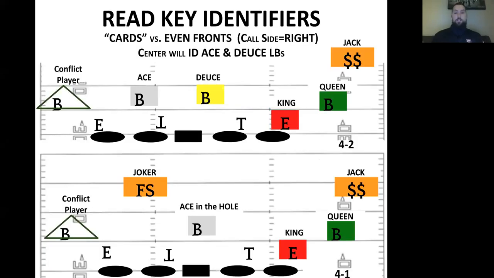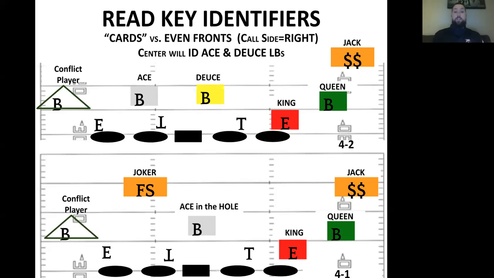All right, so here's the grand scheme of the code word identification, right? We talk about it in even front, odd front. We talk about the structures. Conflict player is who we handle pre-snap. The ace is who most teams would be IDing as the Mike point, right? We talk about the ace, and he's the Mike point for us. The deuce would be the guy that we're going to leave in 50 protection and leave in our lock zone structure for the most part, right?